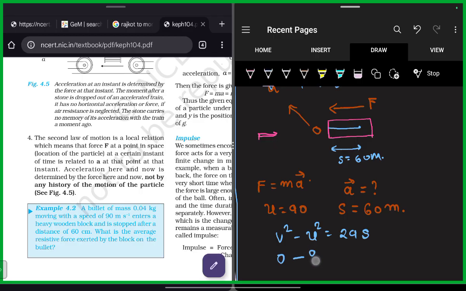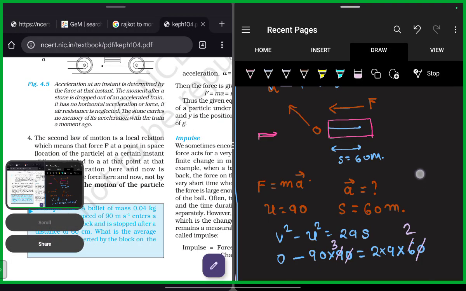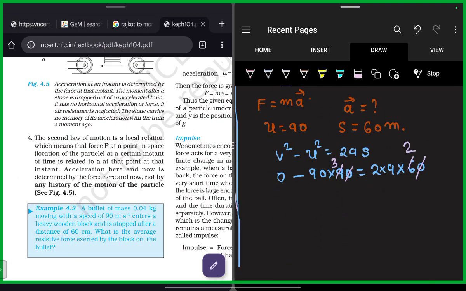This will be 90 multiplied by 90, equal to 2 multiplied by acceleration multiplied by 60 meters. 0 cancels out. 3 3s are 9, 3 2s are 6. So here acceleration would be 90 multiplied by 3 divided by 2, right?